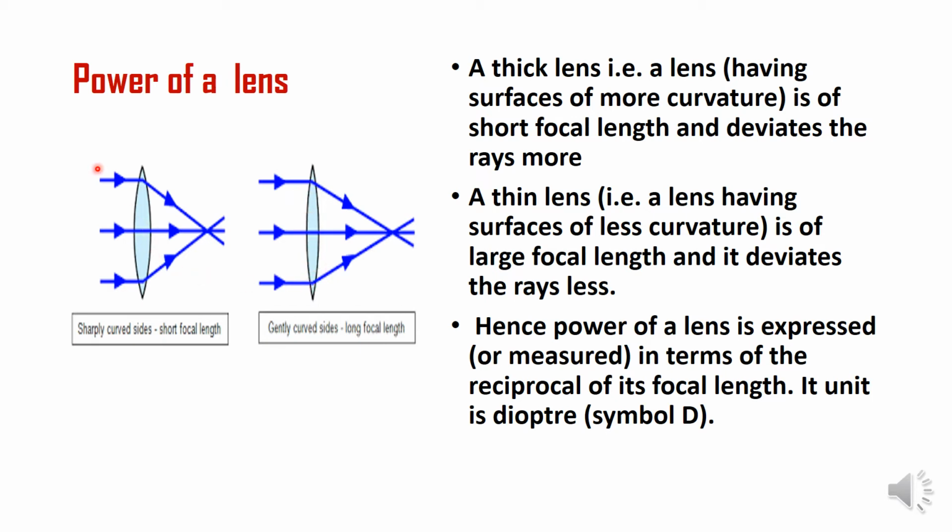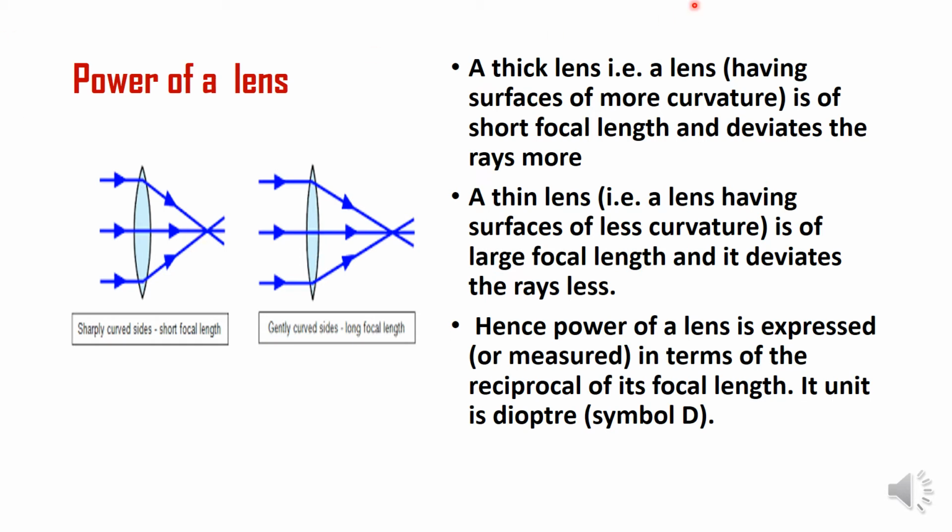So you can see this lens makes all the rays parallel to the principal axis meet at this point, but this one meets at this point, so it is a little longer than the earlier one, isn't it? So which lens according to you will have more power, first one or second one? Yes, the first one, because it is deviating the ray more quickly to a nearer point, isn't it?